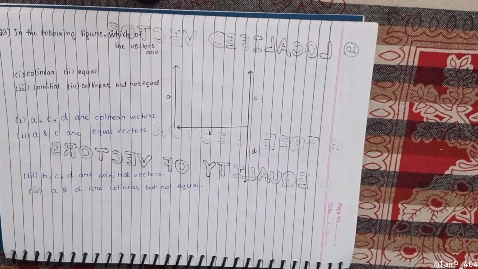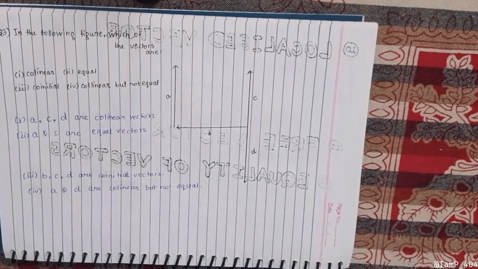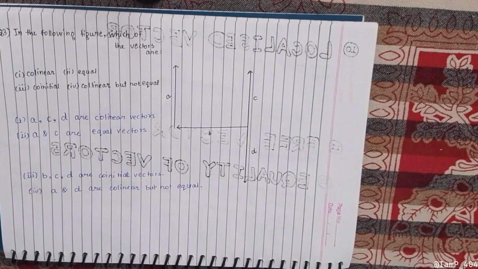D has the opposite sense of direction. More precisely we can say it's the negative of A, which we learned is a vector having the same magnitude but opposite direction.